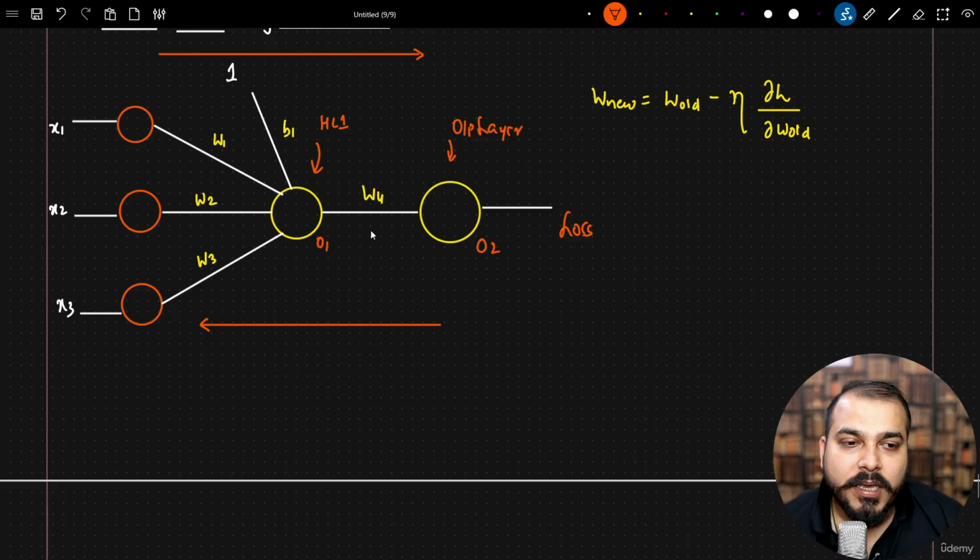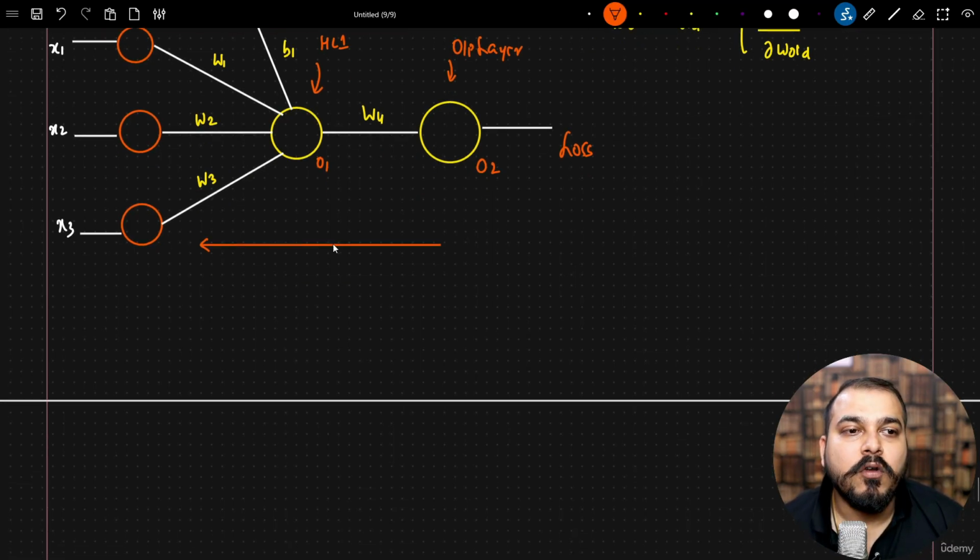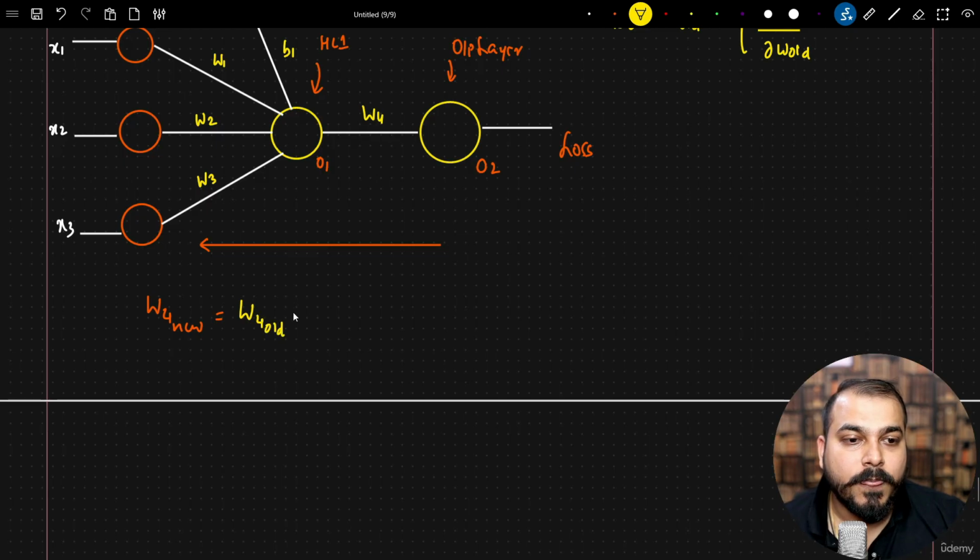Now if I really want to update W4, the formula is quite simple. W4 new is equal to W4 old minus learning rate times derivative of loss with respect to derivative of W4 old, right?